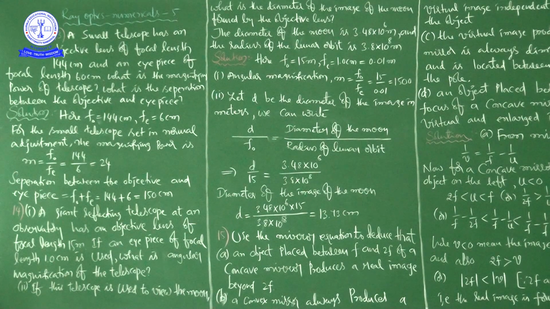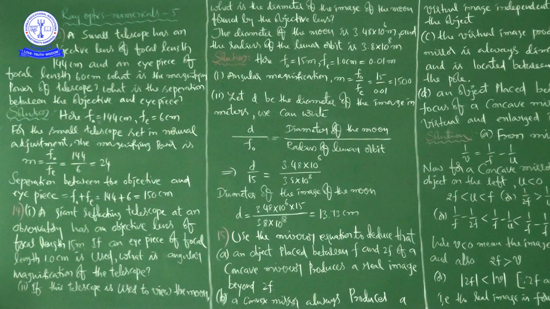Now first we are going to find the magnifying power of the telescope. For the small telescope set in normal adjustment, the formula for magnifying power is f naught by fe. Magnifying power m is equal to f naught by fe.